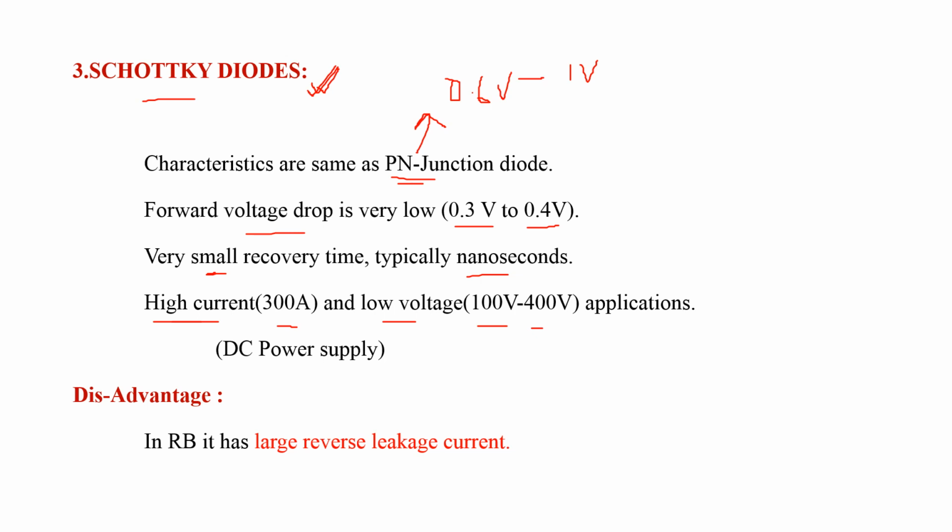An example of high current and low voltage applications is DC power supply. The disadvantage of this diode is that in reverse bias it has a large reverse leakage current.